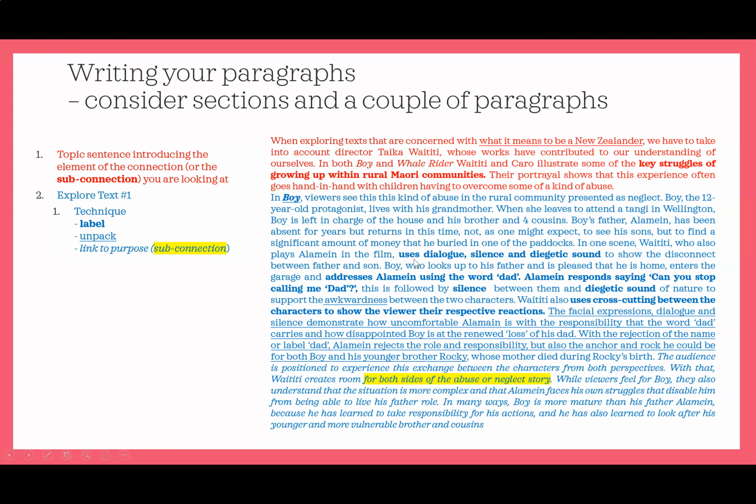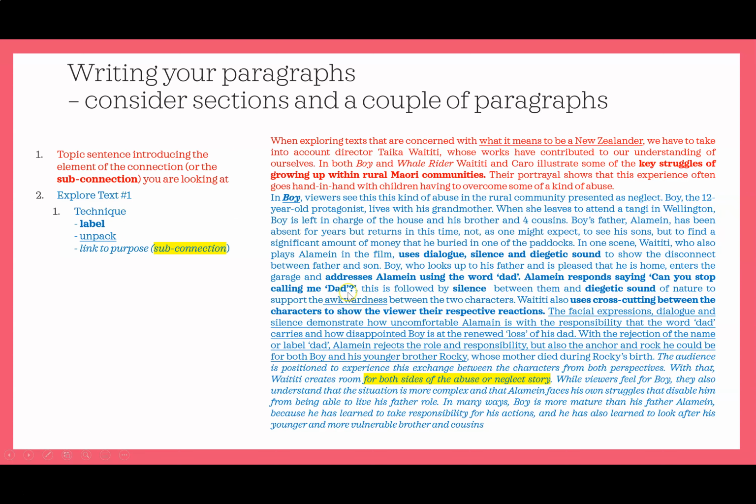So you can see that there's a number of techniques that I've put in here. So dialogue, silence, diegetic sound. Then I'm unpacking the word dad here, and then also I mentioned cross-cutting, and so those are all the labels of the techniques used.